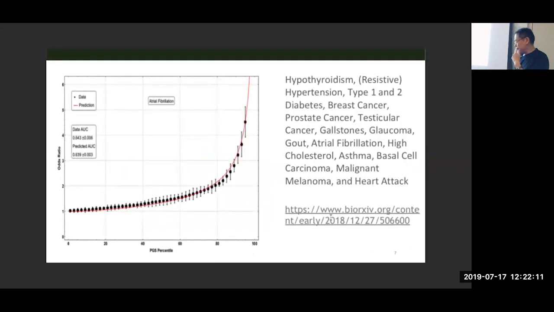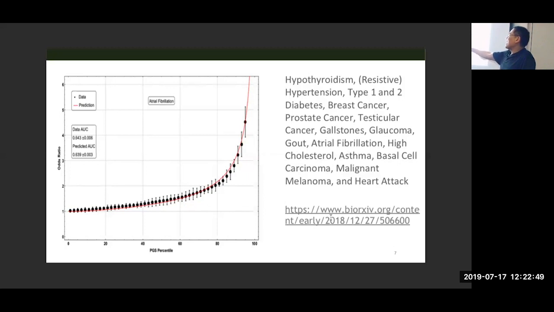Okay, so in a paper that we completed at the end of last year, we constructed predictors for all of these disease conditions, all of which were validated out of sample. This curve illustrates the characteristic nonlinear behavior on all of these plots, which is that as you go toward the outliers, the tail of the distribution in the percentile risk and the percentile score, you get this very fast accelerated growth in the actual odds ratio and the actual risk that that person actually has the condition.